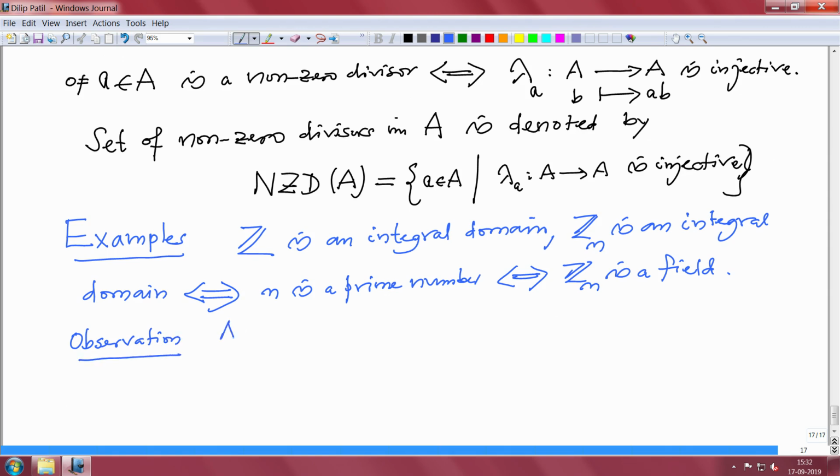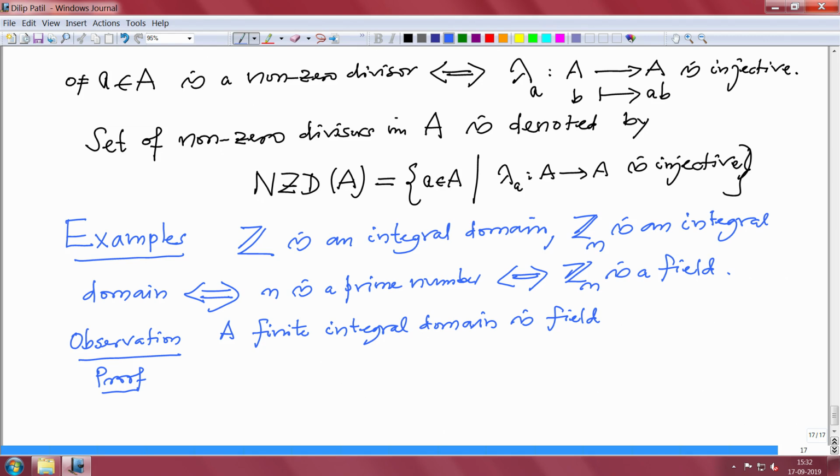But you can also nicely observe that this observation is very useful sometimes: a finite integral domain is a field. Proof: of course, a field is always an integral domain. In a field, everybody is a unit, therefore units are non-zero divisors.